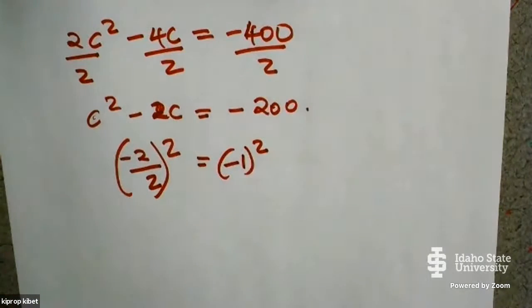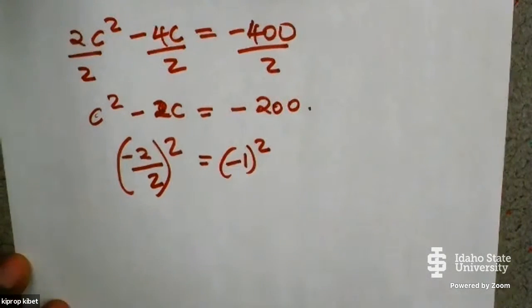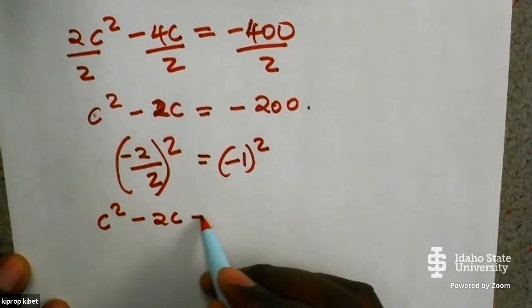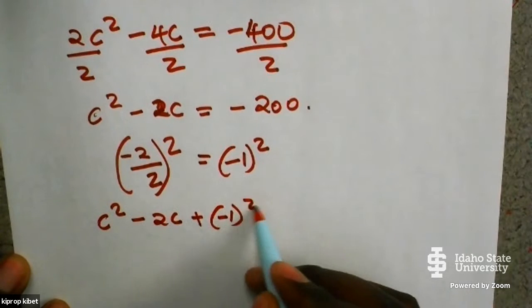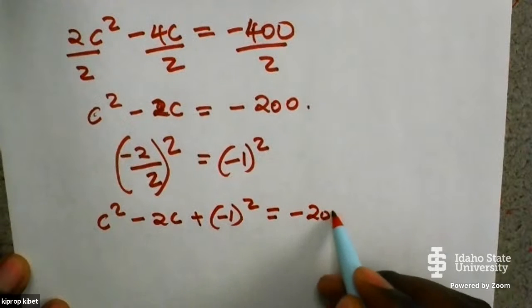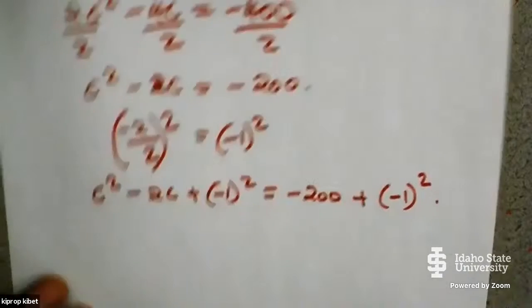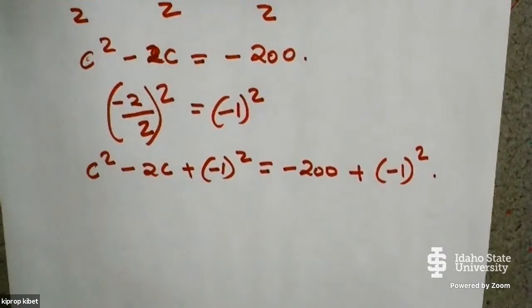Then you add: c squared minus 2c plus minus 1 squared equals minus 200 plus minus 1 squared.